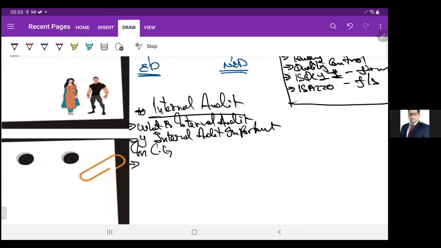Next, we will look at the areas, or you can say the scope of internal audit.